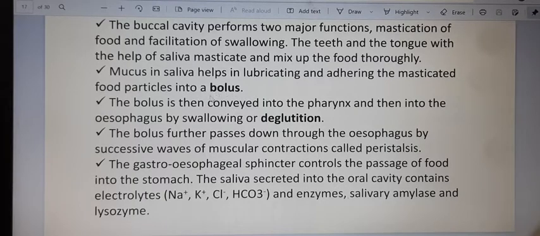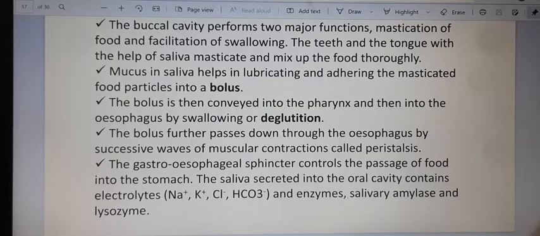For bolus you can write: the chewed food which is mixed with saliva and conveyed to the pharynx is called the bolus. Or you can say the small amount of food in the mouth, masticated and mixed with saliva, which passes into the pharynx is called the bolus. And the process of swallowing the bolus is called deglutition.